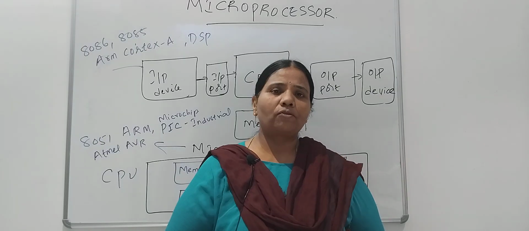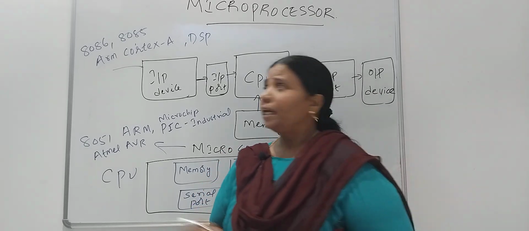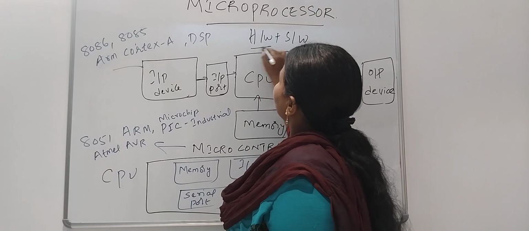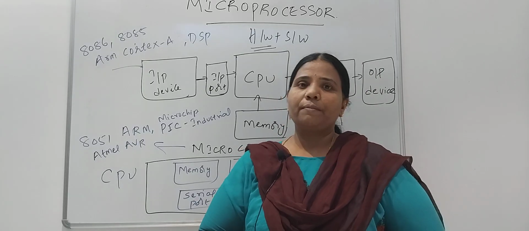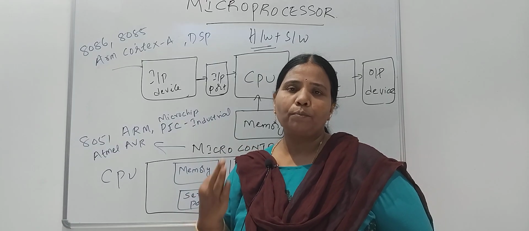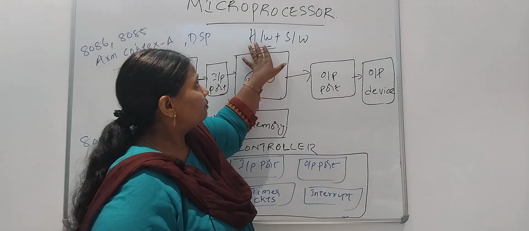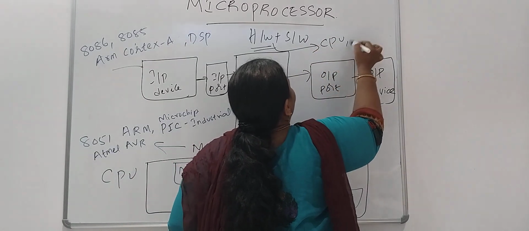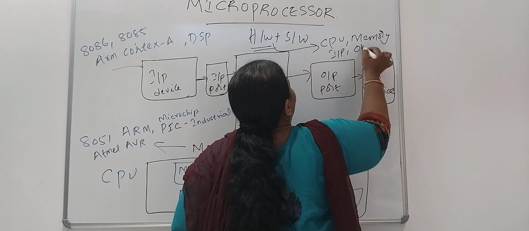Whenever these electronic gadgets are made worldwide, we already know that they are made with hardware and software, isn't it? Whatever hardware is used, I already discussed in my previous videos: the hardware used for making these electronic gadgets is CPU, memory, input device, and output device.